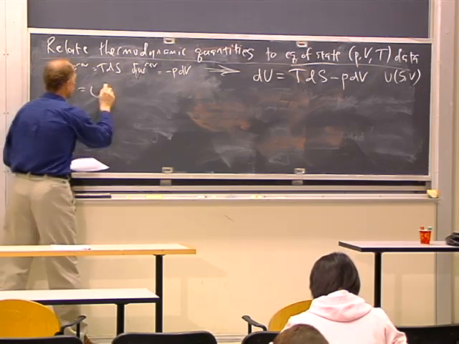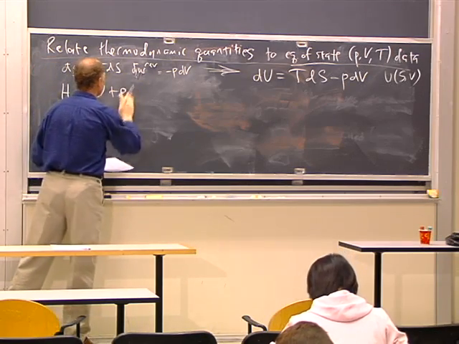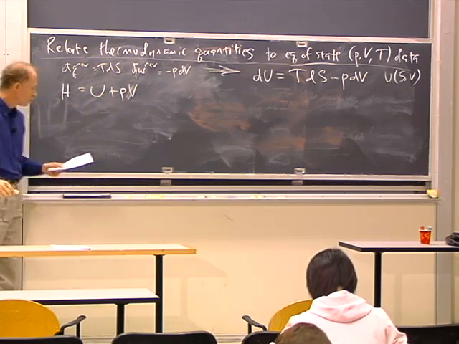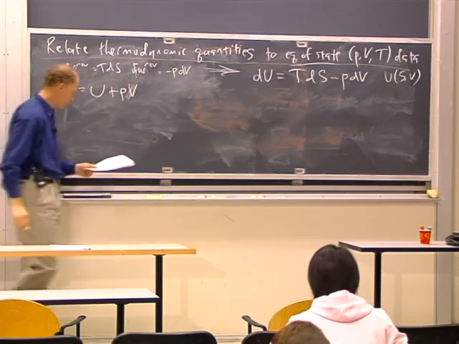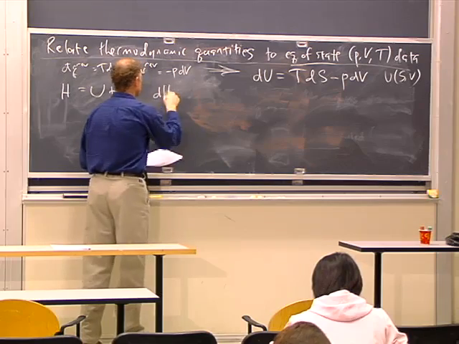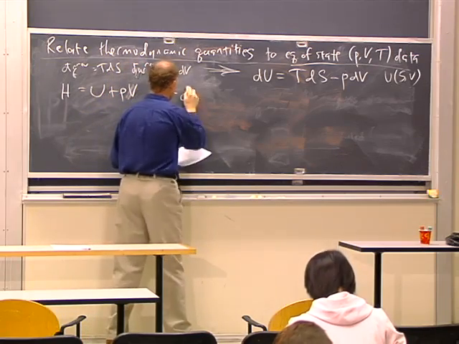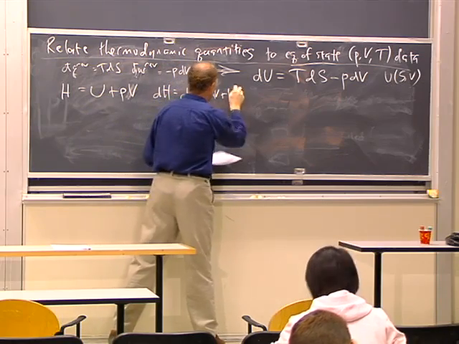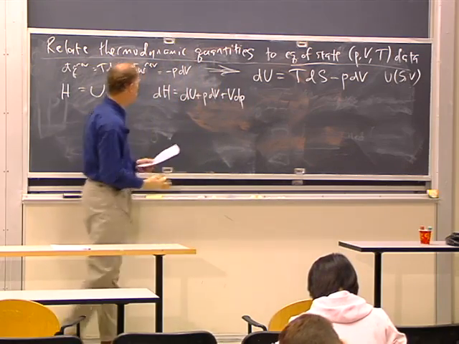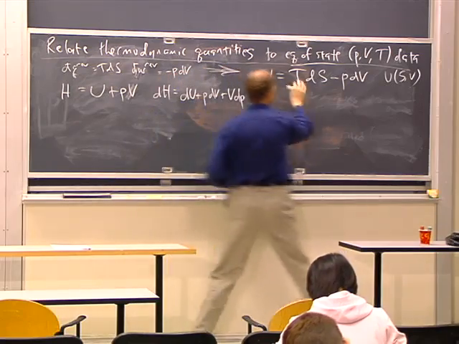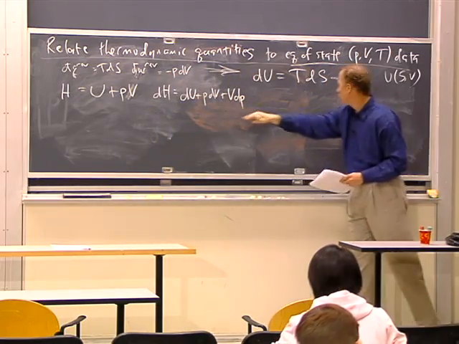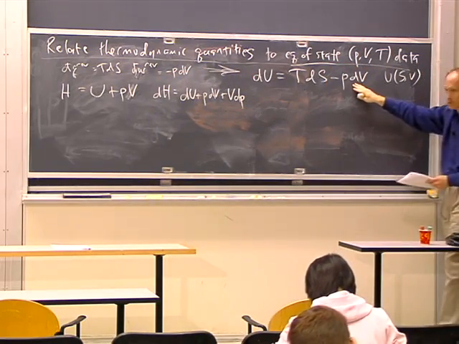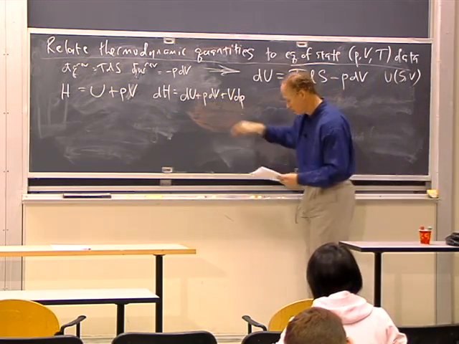So H is U plus PV. So dH is just dU plus P dV plus V dP. And now we're just going to substitute dU in here. And the P dV terms are going to cancel.